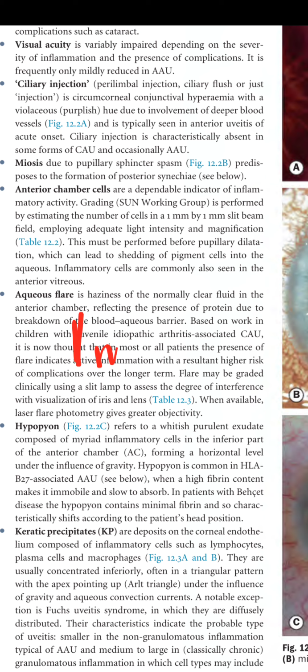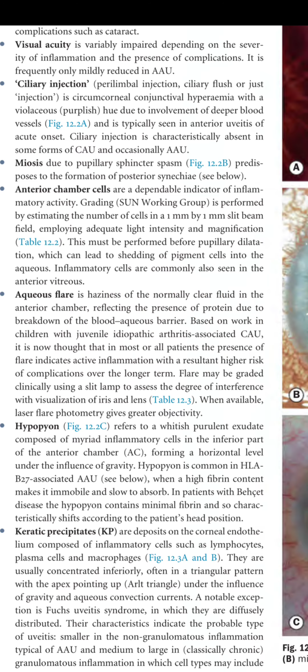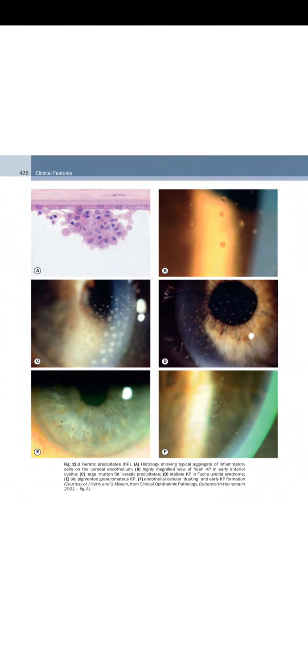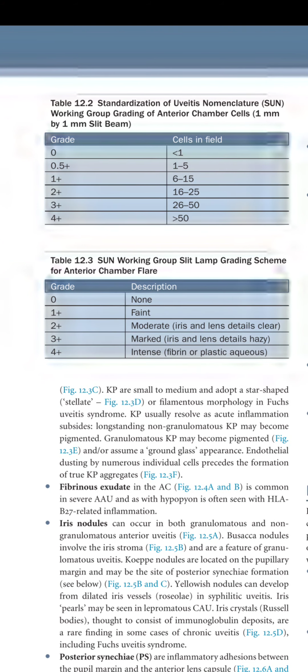So basically a 1 mm by 1 mm beam is used, and along with that you can see the cells in the anterior chamber, and you count them, and according to the SUN working group classification, you place it as 1 plus, 2 plus, 3 plus, depending on how many there are.